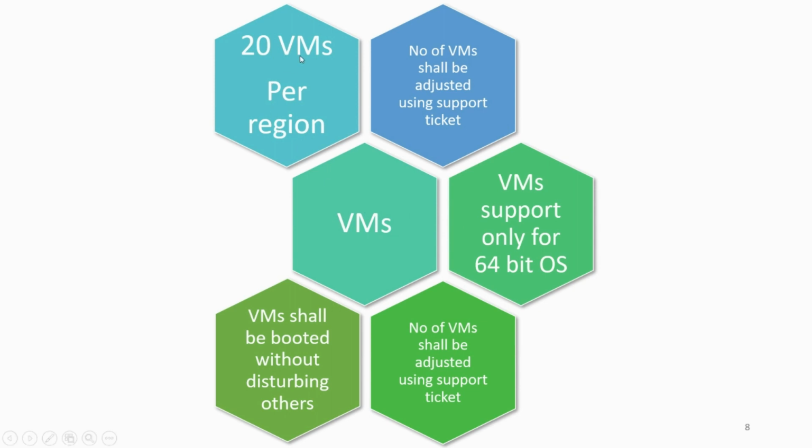So you can have 20 VMs per region as of the current documentation available from Microsoft, but you can always refer back to that. It might keep on changing based upon how the cloud environment grows. The number of VMs can be adjusted beyond 20 by raising a support ticket with Microsoft.